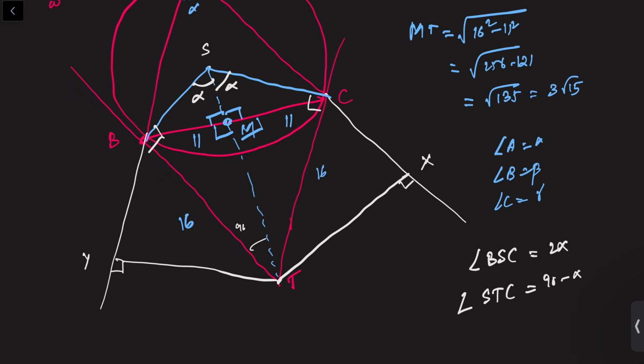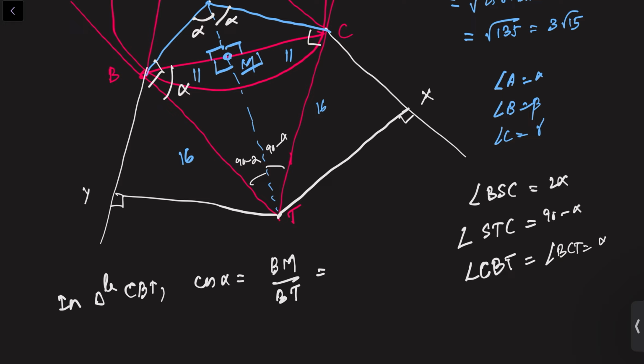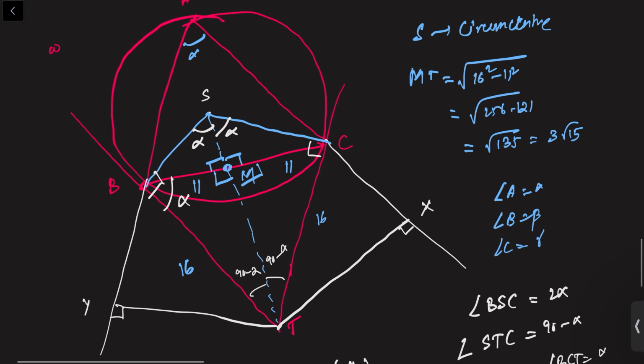So this will also be 90 minus alpha. So angle CBT will again be alpha. CBT equals BCT equals alpha. Now in this triangle CBT, cos alpha is BM divided by BT, which is 11 by 16. So cos alpha is 11 by 16.